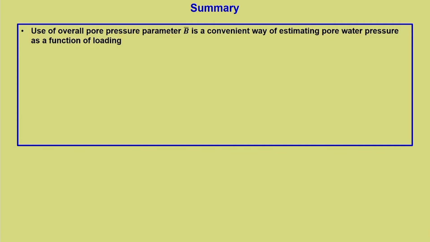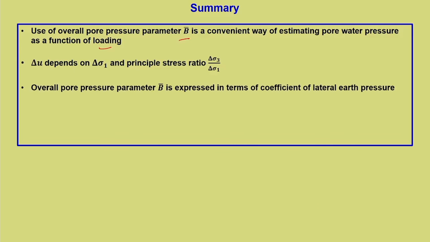So, the summary of the overall pore pressure parameter is the use of this parameter B bar. It is a convenient way of estimating pore water pressure as a function of loading in a practical situation. Delta u depends on delta sigma 1 and the principal stress ratio delta sigma 3 upon delta sigma 1.